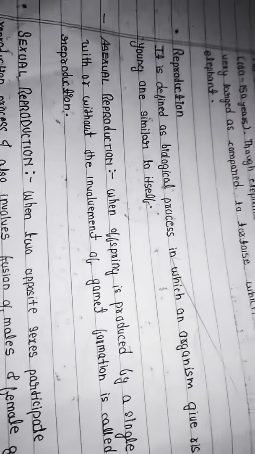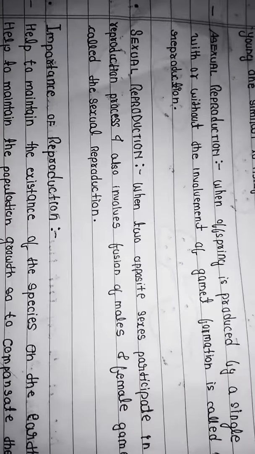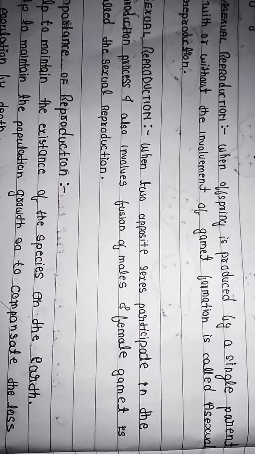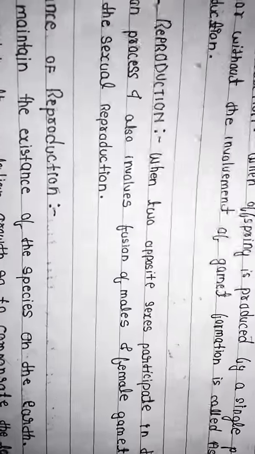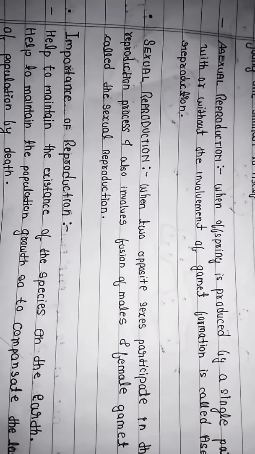Now let's come to some definitions. Reproduction is defined as the biological process in which an organism gives rise to young ones similar to itself. Asexual reproduction: when offspring is produced by a single parent, with or without the involvement of gamete formation, it is called asexual reproduction.